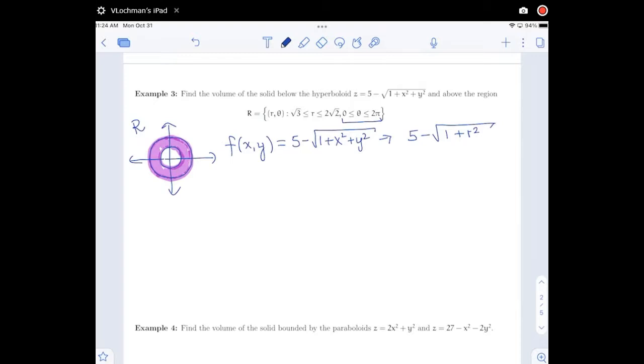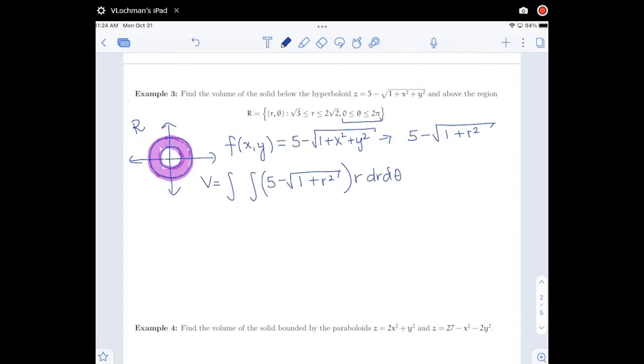All right, so now we can set up the volume. It is the double integral of 5 minus this radical times r dr d theta.